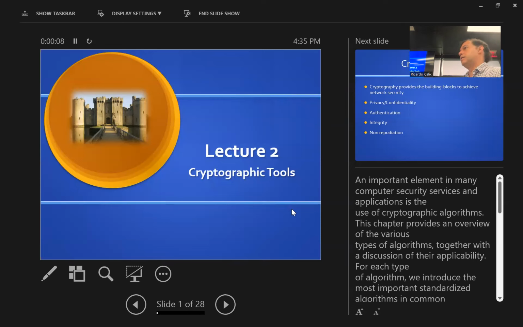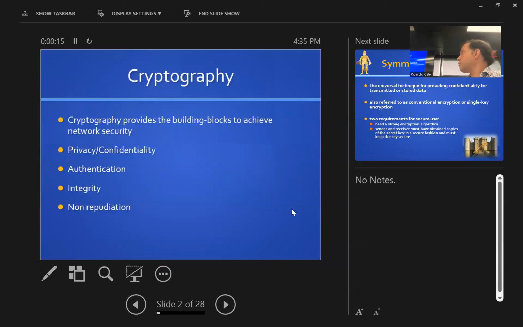So this is set of slides number 2, cryptographic tools and ideas. Remember that we're thinking about cryptography in terms of the principles of information assurance. Those are the things that we're trying to achieve or protect or defend.